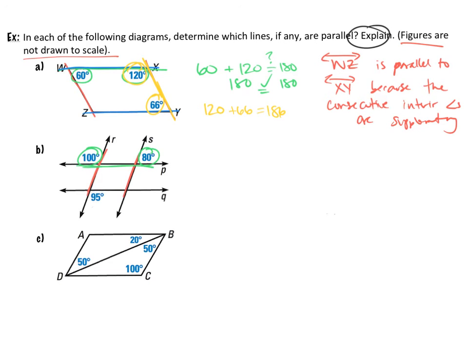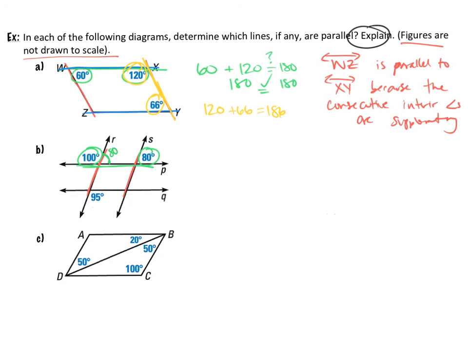Those are exterior, and they are on the same side of the transversal. So we don't have any theorems or postulates that tell us what these two are supposed to be in relation to each other. Other than the fact that I know that this 100-degree angle and this angle here must be supplementary, meaning they add to be 180 degrees.